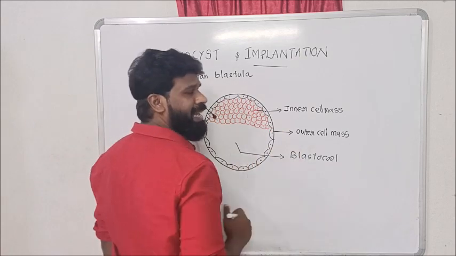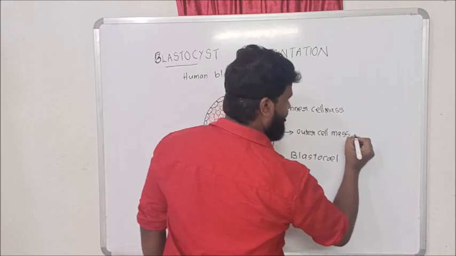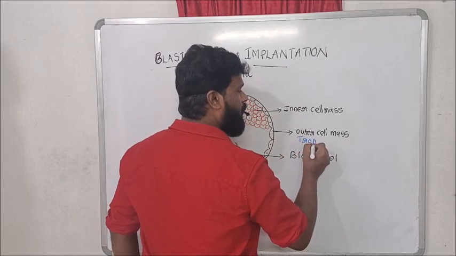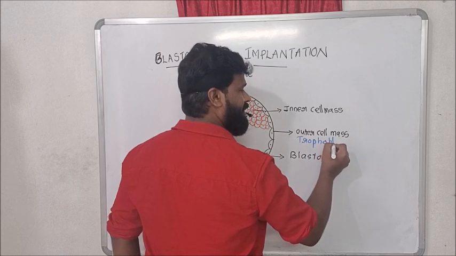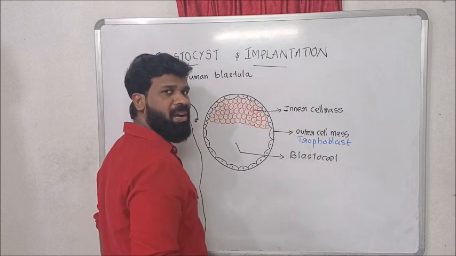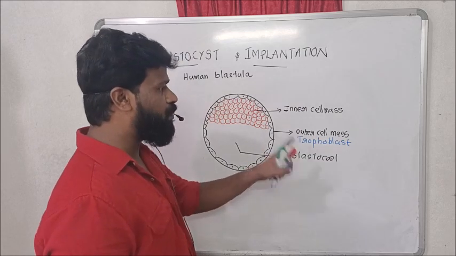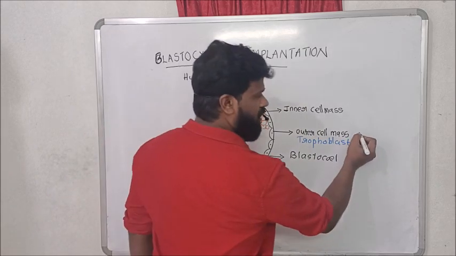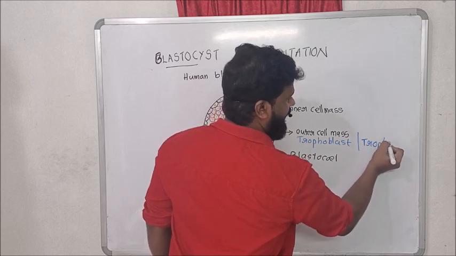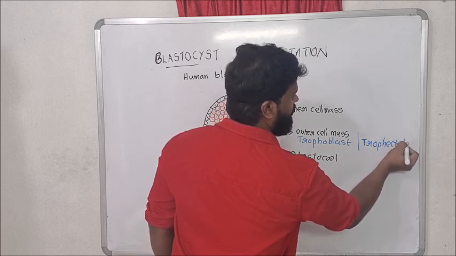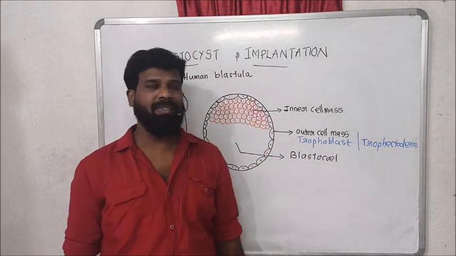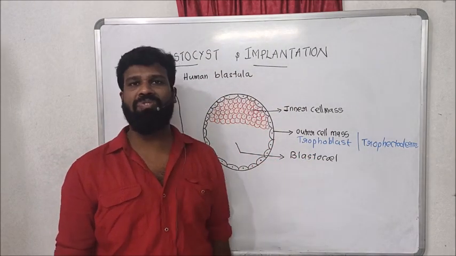This outer cell mass is called trophoblast or trophectoderm. So here the outer cell mass is called the trophoblast or trophectoderm.